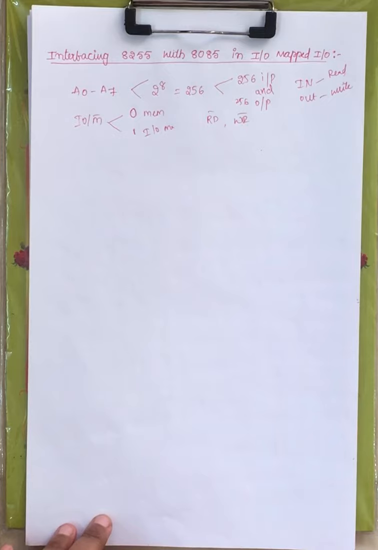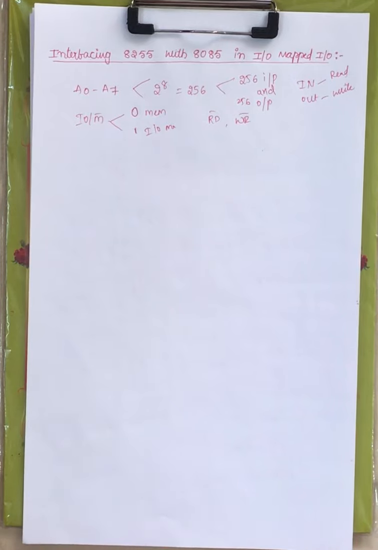And we have a pin under 8085, that is IO/memory bar. This will be a high signal because it is IO mapped IO. If it is memory mapped IO, that will be logic 0. For reading we use the RD signal, for writing we use the WR signal. Now this is the brief description of IO mapped IO.